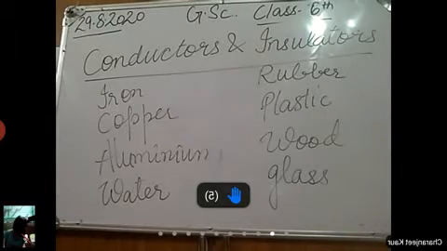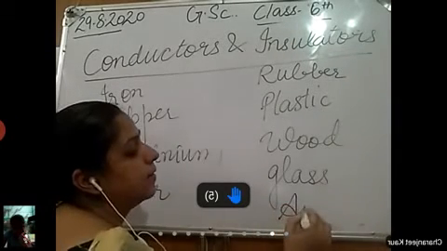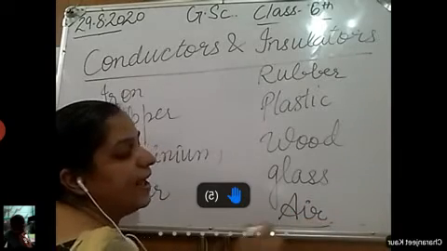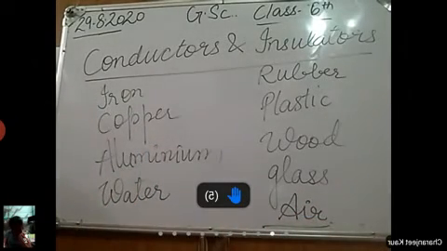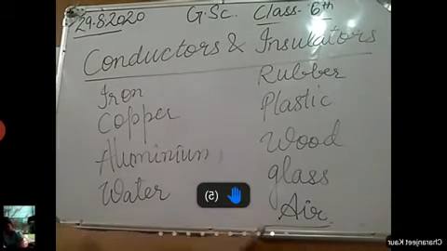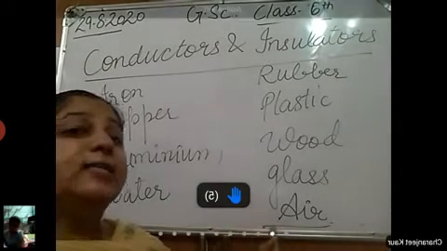Air क्या है? Is it a conductor or insulator? Air is an insulator. अगर एयर कंडक्टर होती ना तो हम सबको करंट ही लगता रहता. Air does not allow electric current to pass. So air is also an insulator.